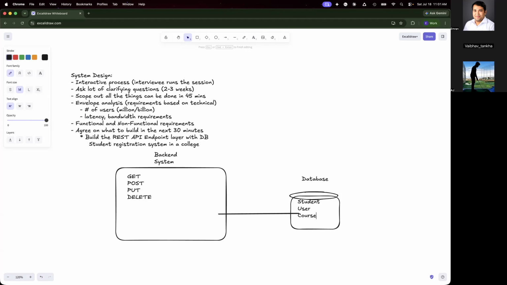Because if it's a NoSQL database, you will put all these things in a key value pair, right? So one is student ID mapped to all the values. Think about the whole problem: the student ID is mapped to the data, and this data includes everything.